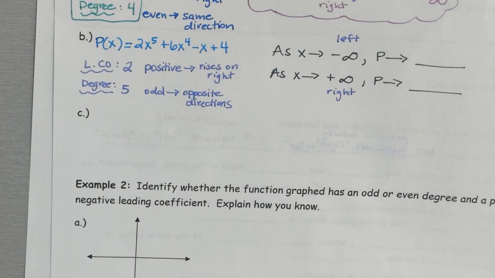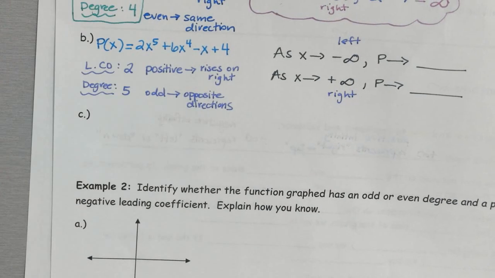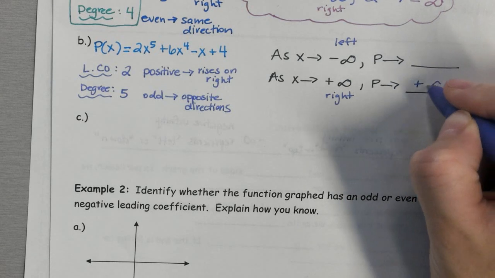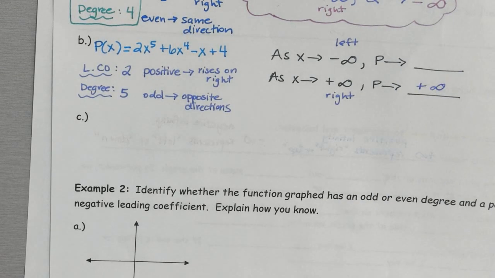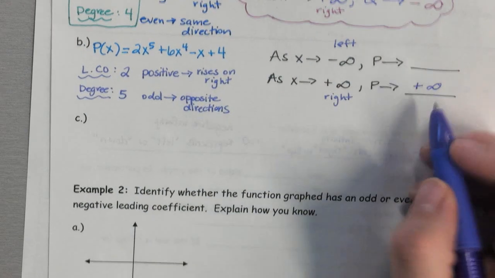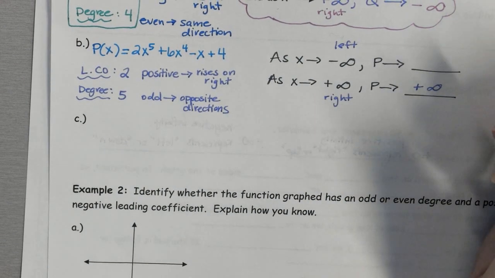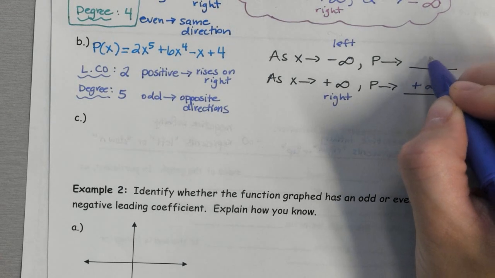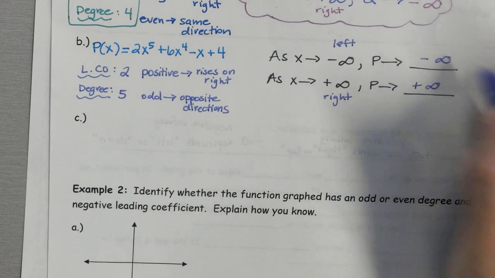Fill in the right side first, because we know that it rises on the right. So if it rises on the right, P goes to positive infinity. Now the odd degree tells you they're going in opposite directions. So if we're going positive on the right, where are we going on the left? Negative infinity.